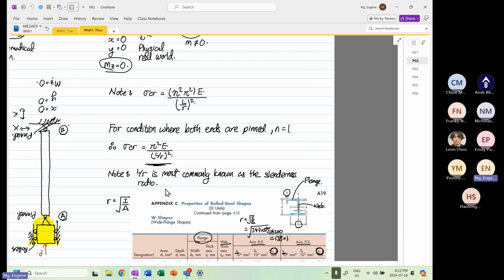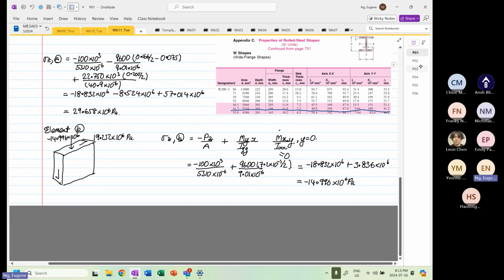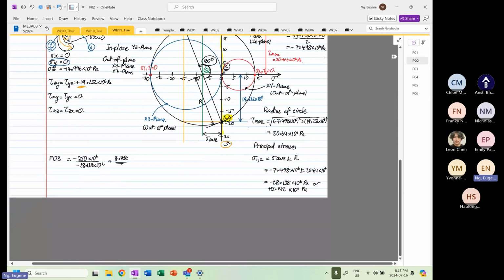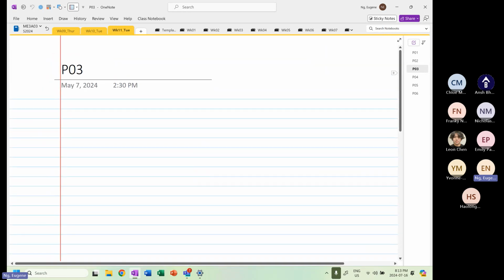If you have to do complete analysis like an engineer, we would not just assume, but here we just put down buckling analysis and assume centric loading.